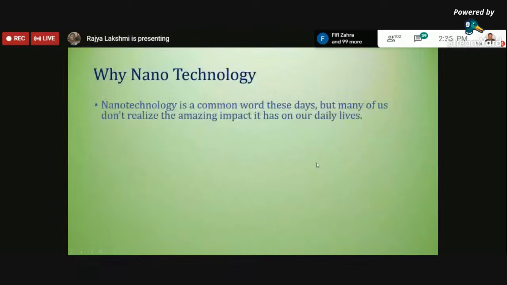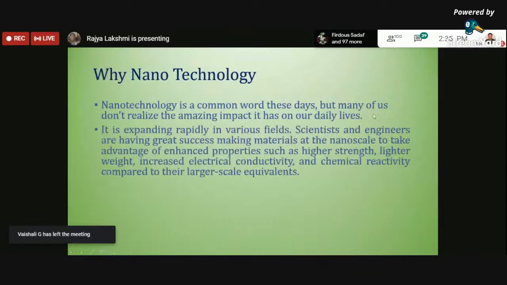So let us see why nanotechnology. Here I have already mentioned it is showing a lot of impact on human life. It is not even a new technology, and that is what I want to clarify. People may think that nanotechnology was invented recently. No, people have been doing research on nanotechnology, nanoparticles, and nanoscience in various fields, and it is actually a centuries-old technology.